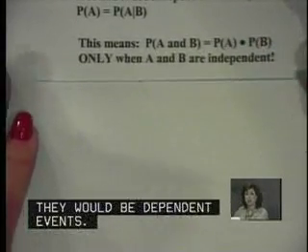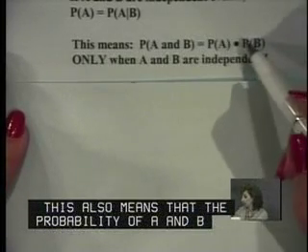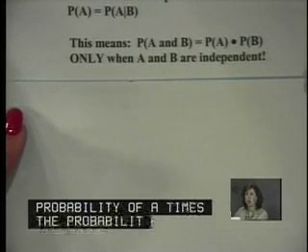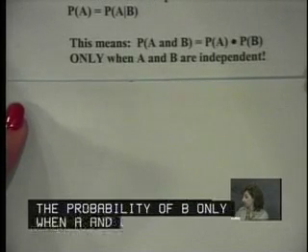This also means that the probability of A and B can be rewritten as the probability of A times the probability of B only when A and B are independent events.